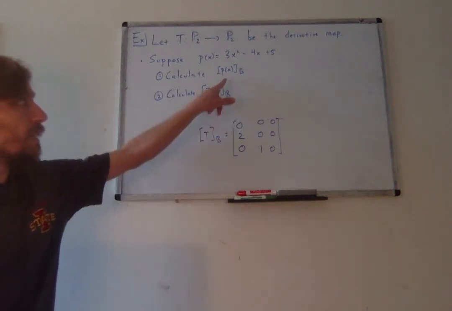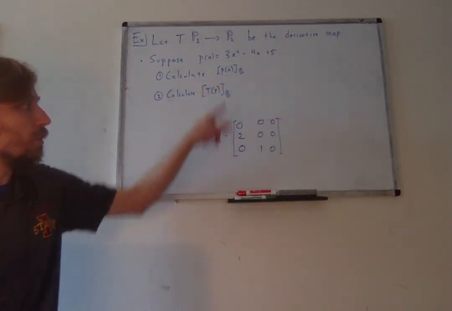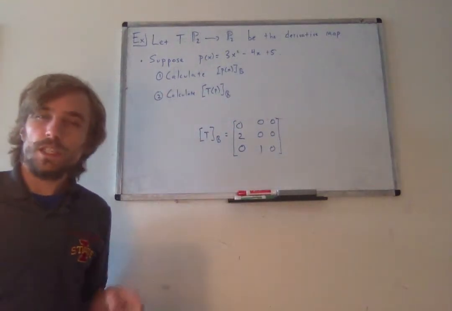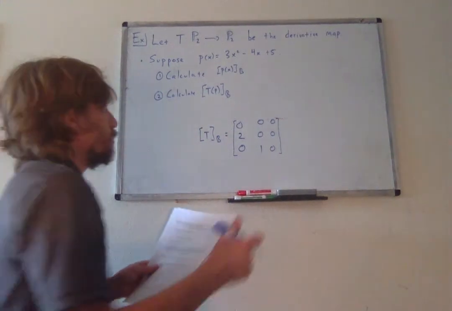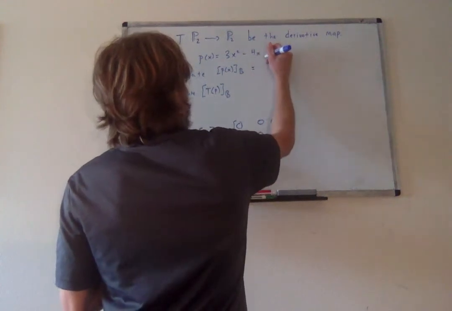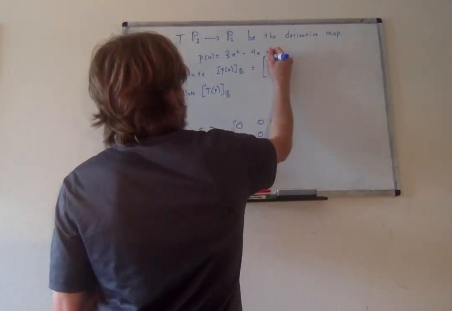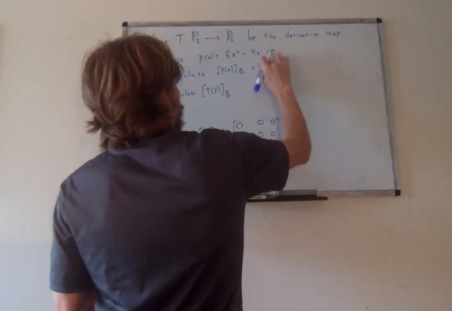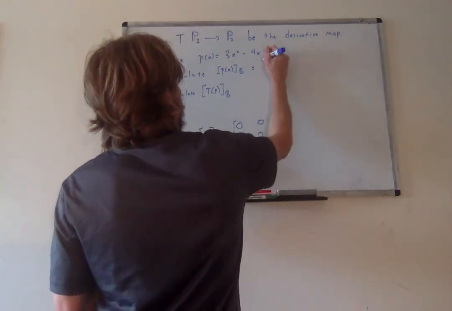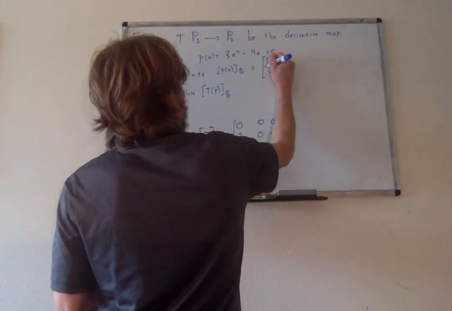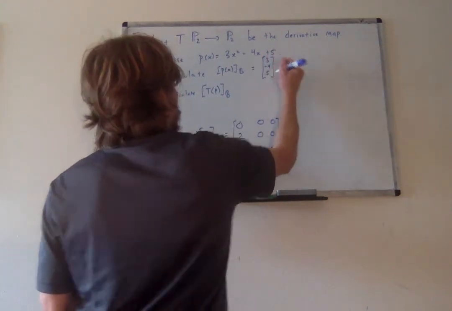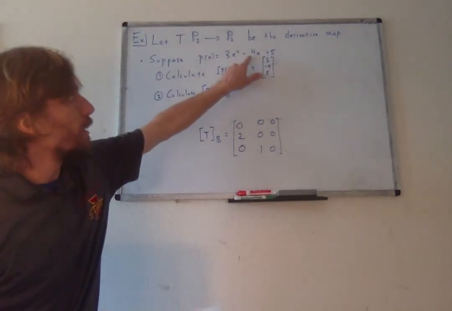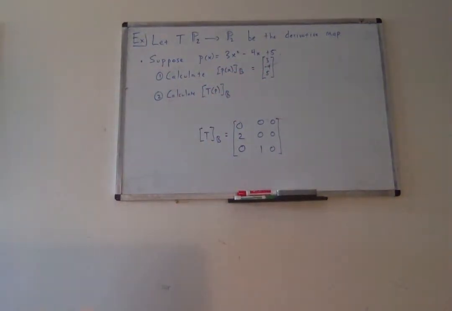What we'll see is that we can take the B representation, multiply it by this matrix, and we'll get what we expect the derivative representation to be. So by definition, I can represent this polynomial as 3, -4, 5, because it is 3x squared minus 4x plus 5.